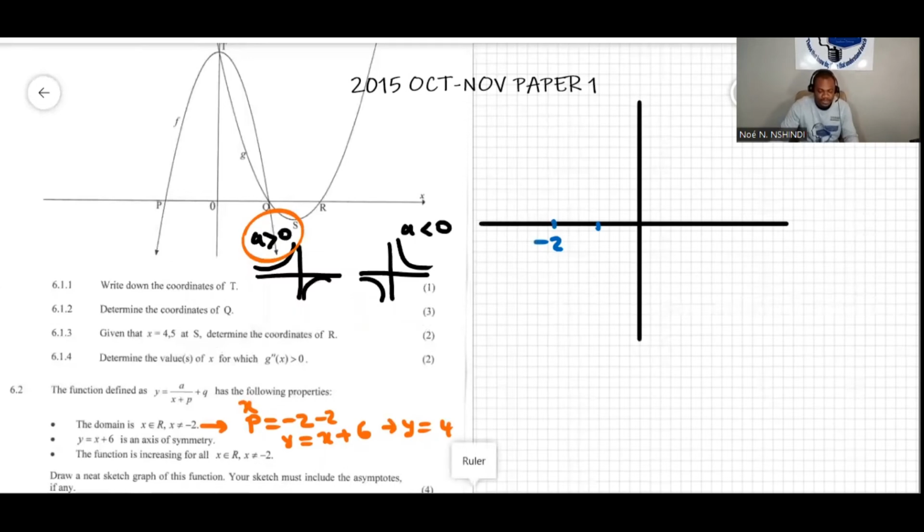Then if we sub in the value of x, which is -2, in this line, we have its y coordinate. The y coordinate of the axis of symmetry tells us that -2 and 4 are the midpoint. I said -2 here is the vertical asymptote, and then 4 here tells us that this is the horizontal asymptote. So let's say 4 is somewhere there. Now my horizontal asymptote must be over here.